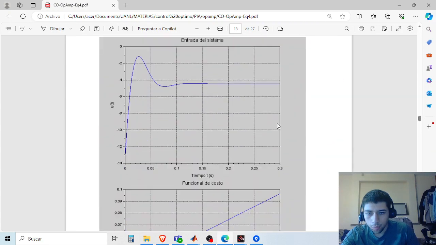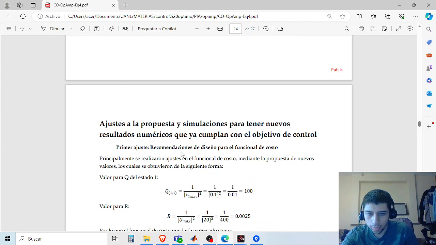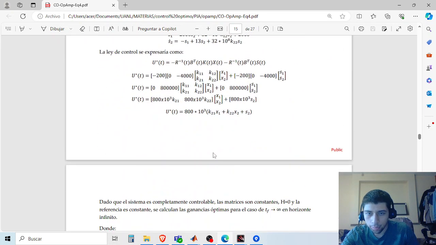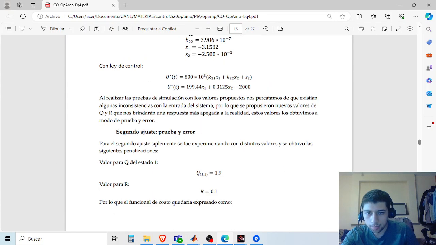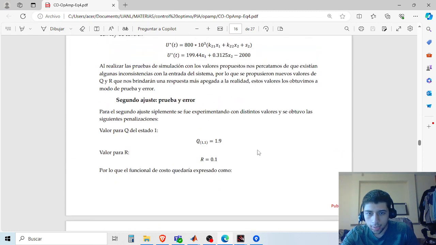So we need to modify the cost function in order to meet the 10 volts reference, and we said that this approach didn't work for us, so we made a second approach, which is proof and error, and that led us to the following q and r values.